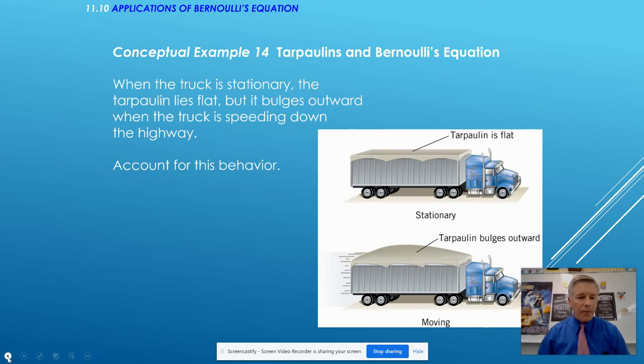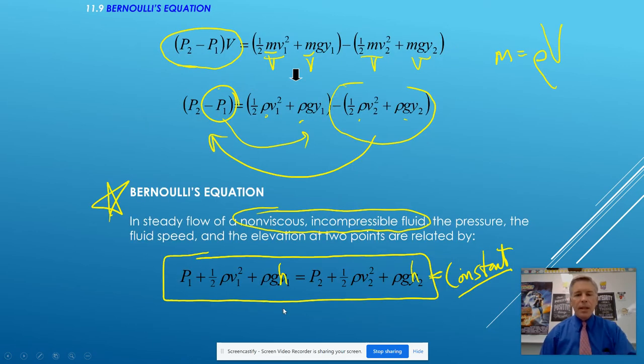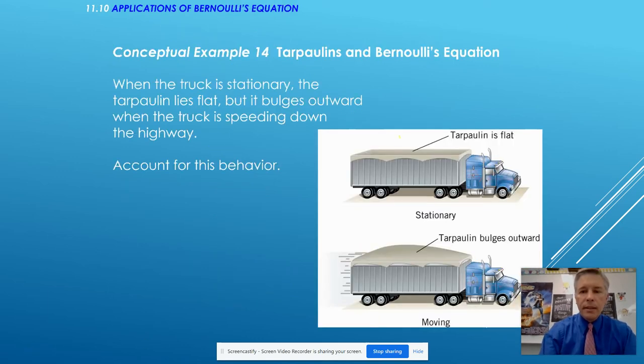Well, let's assume that the heights are not changing. So the heights are basically the same, but I do have a difference in speed. Here we have a speed equal to 0, but here I have a speed flowing over this that's not equal to 0, so it's greater than 0.